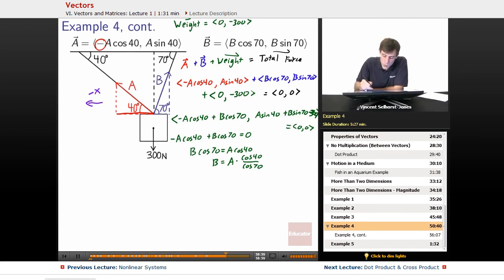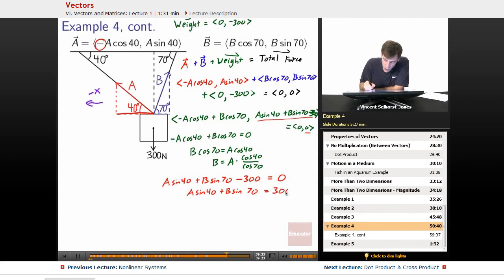Next, we'll swap to a new color for solving out this part. So we've got A sine 40 plus B sine 70 minus 300 equals what was on the right-hand side, 0. So we can move the 300 over. We see we've got A sine 40 plus B sine 70 equals 300.